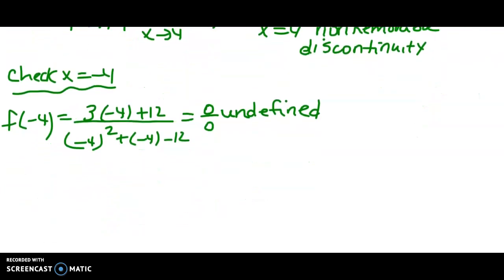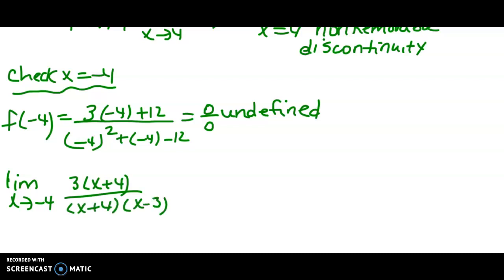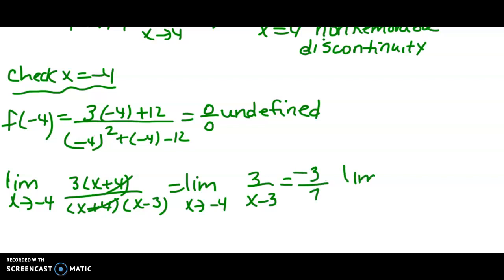However, when we calculate the limit as x approaches -4, we know that the function simplifies. We already did that above, so I'm just going to show you one more time. And you see that the factor cancels, which verifies that we do have a point of discontinuity. So now we have this function remaining, and when you do substitution, you're going to have -3 over 7, which means the limit does exist.